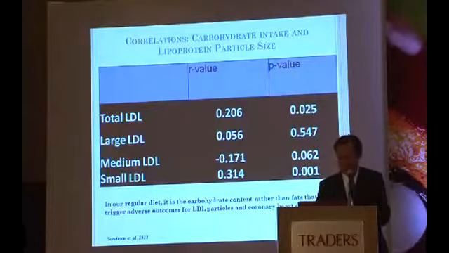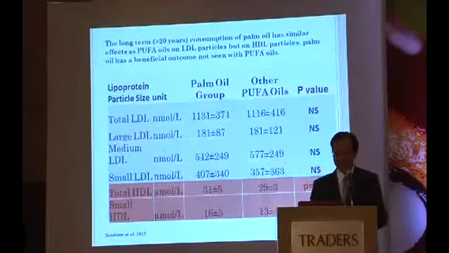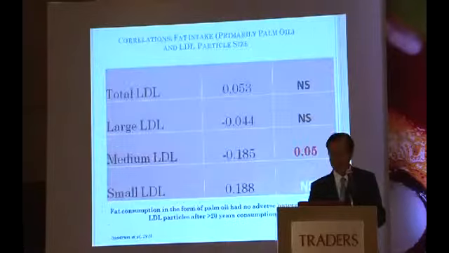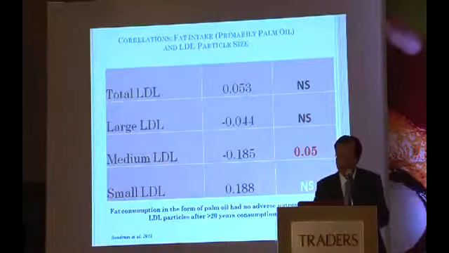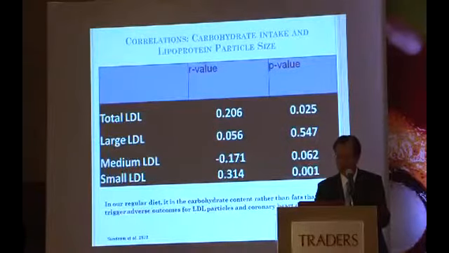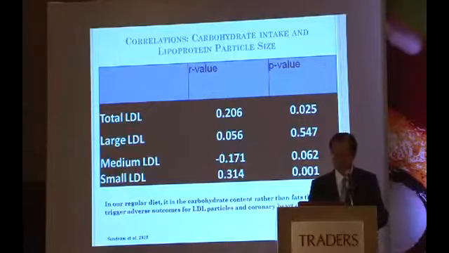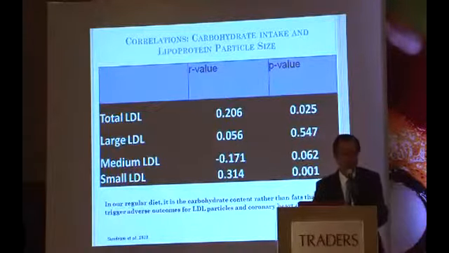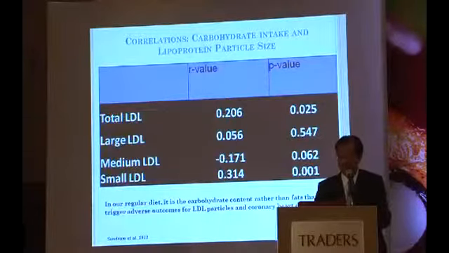Carbohydrates would be sugar, rice, everything else, but not the palm oil. You can see the correlation is not related to palm, as you can see here. Not a significant correlation when we talk about palm oil, but it does correlate significantly with carbohydrates.